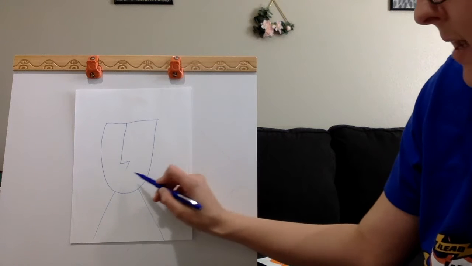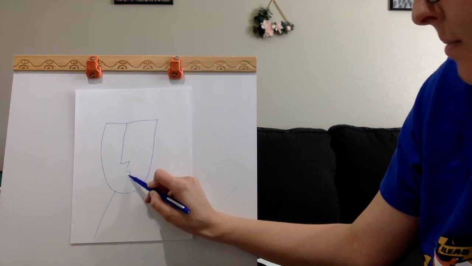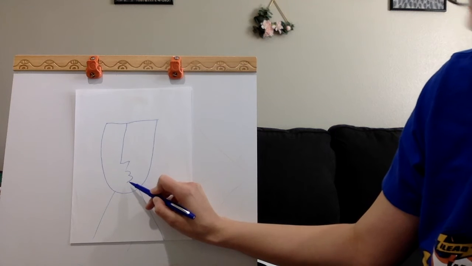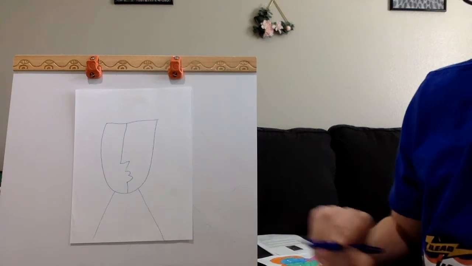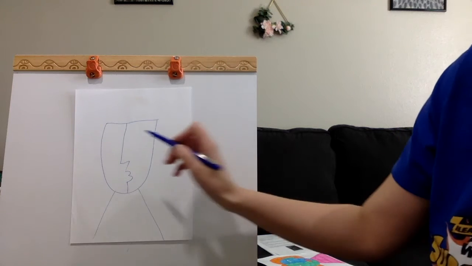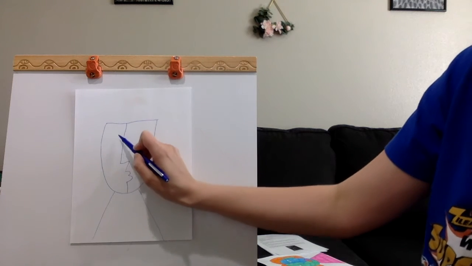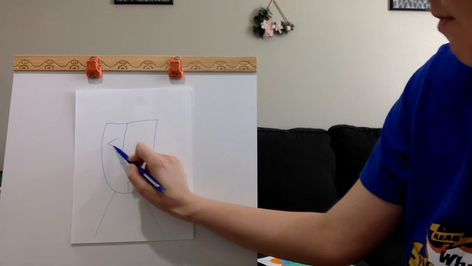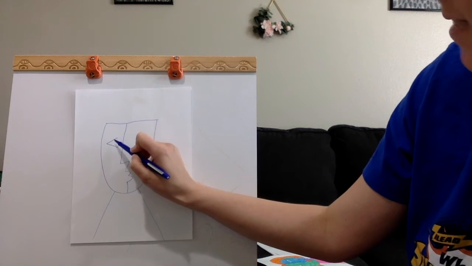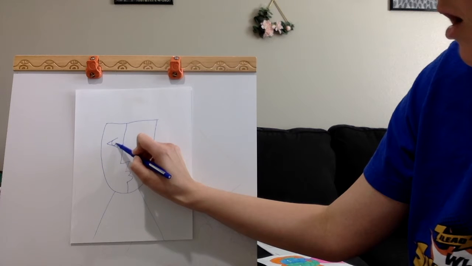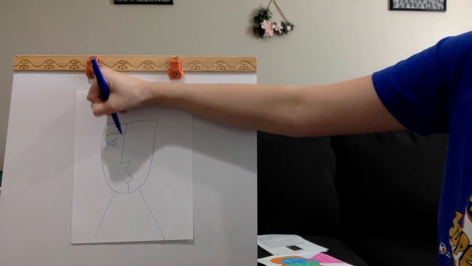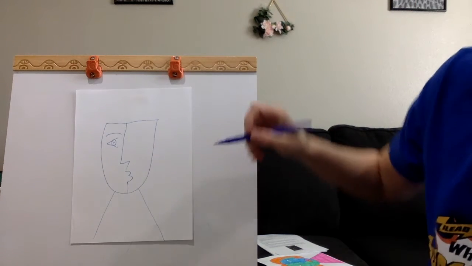Then you're going to add part of the lips right here, almost looks like a 3, and then a line down to the chin. On one side of the face, you're going to do a cone, like so, and then an oval, and then a little eyeball in the middle, and here is an eyebrow.